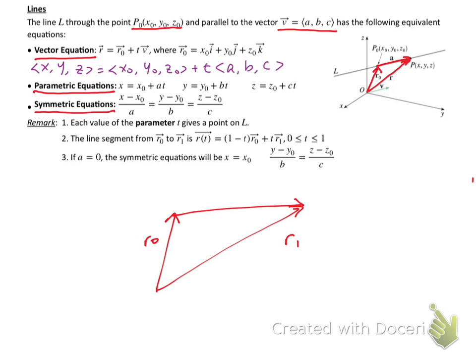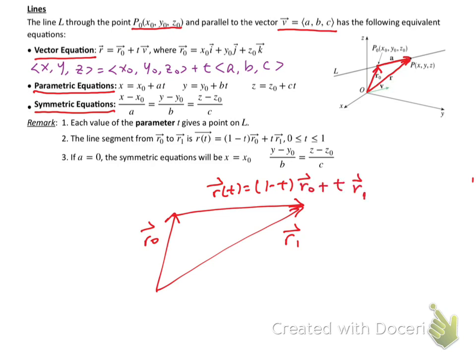And how do you describe this part? The equation will be r(t) equals (1 minus t) R0 plus t R1.